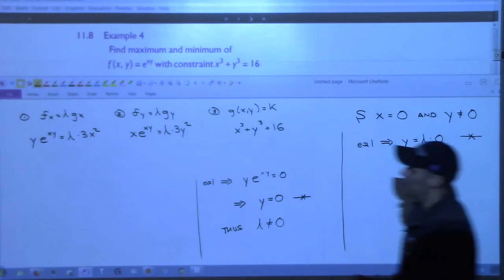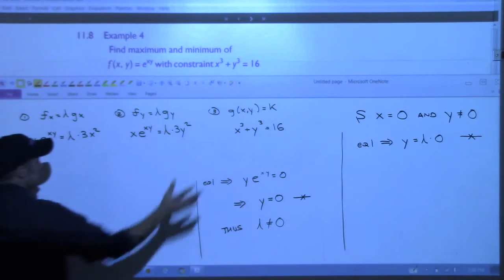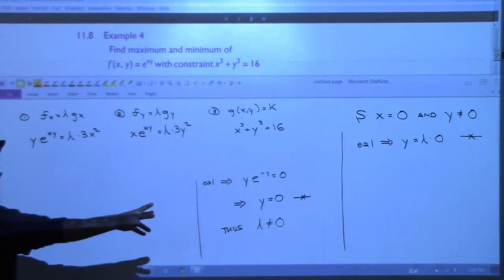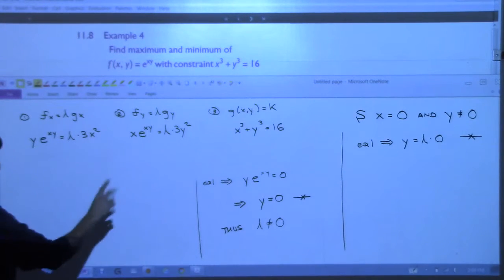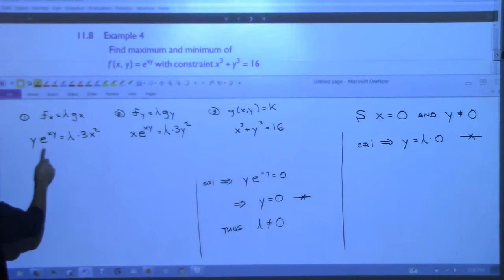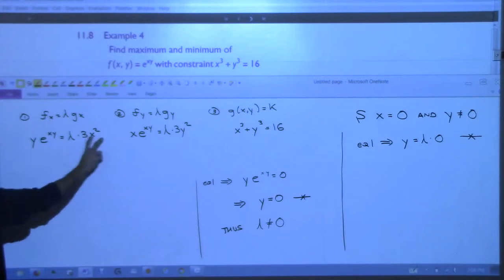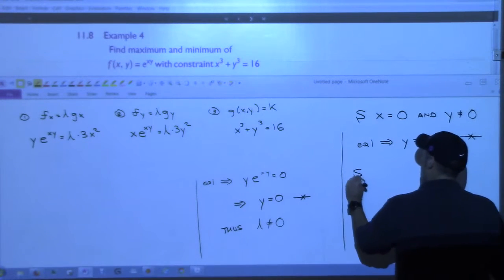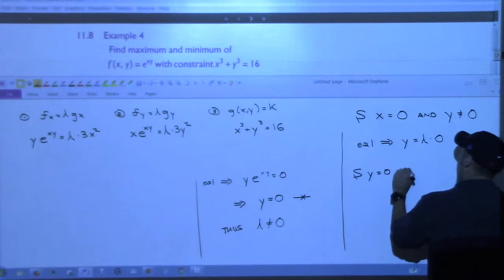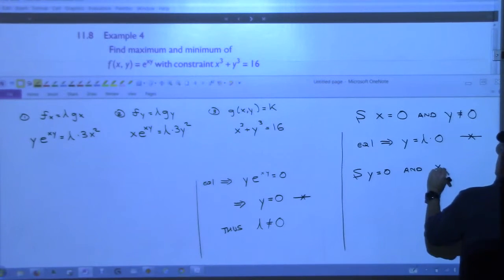So what we're saying here is that we're starting out saying, look, suppose x is 0, y is not. We know this can't be true, right? So that can't happen. Now, what if we do this? Suppose y is 0 and x is not.